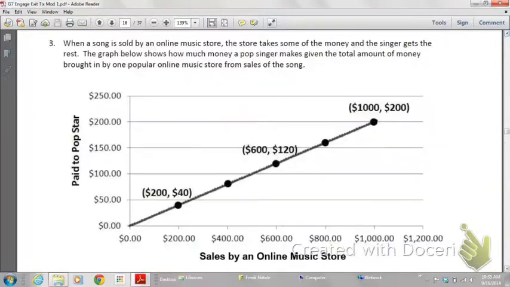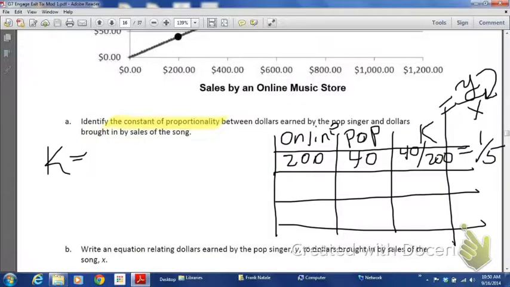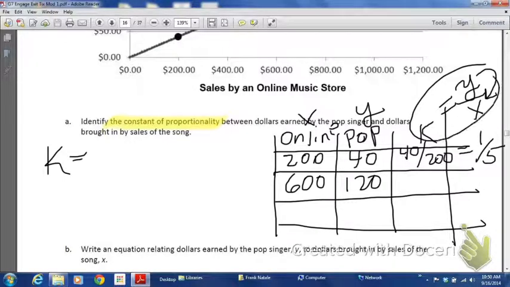Again, if we want to check that, we could plot another point. Let's plot this one, 600, 120. So 600 is our X, and 120 is our Y. Our K is Y over X, so that's 120 over 600, which also reduces to 1 over 5.